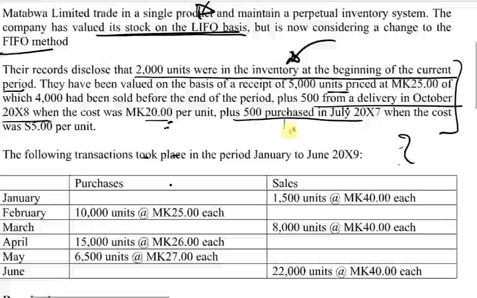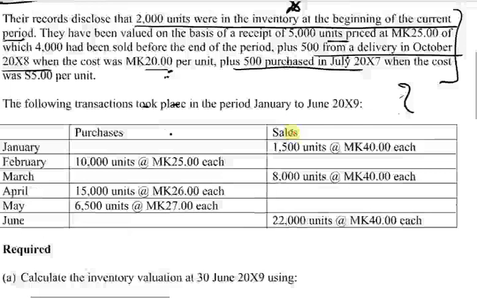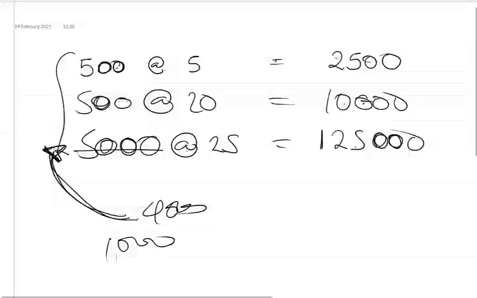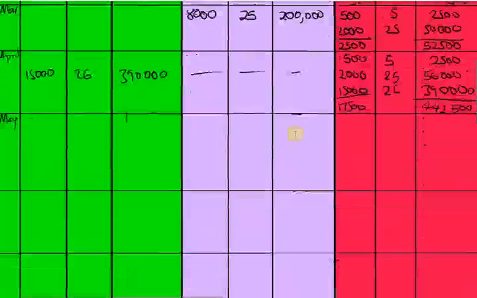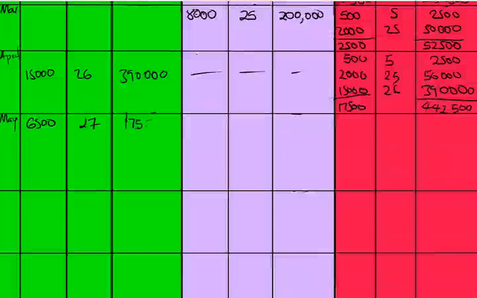So let us go to May. In May, they purchased another consignment, 6,500 units at 27. There's no issue. That means the balance will be the 500, the 2,000, the 15,000, and the new consignment, which is 6,500.